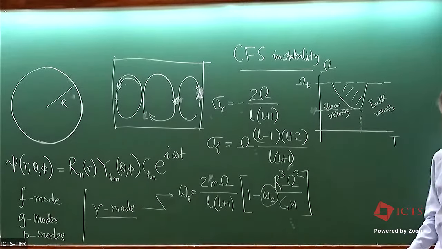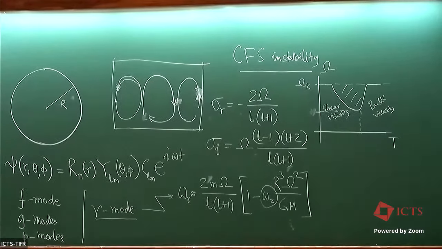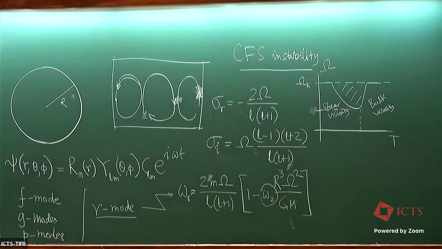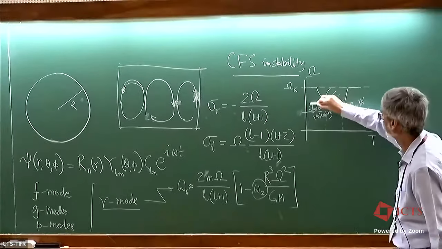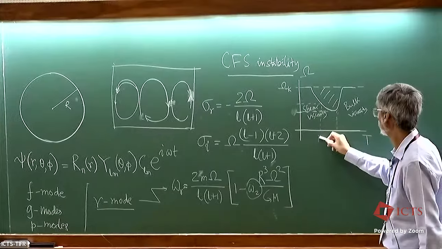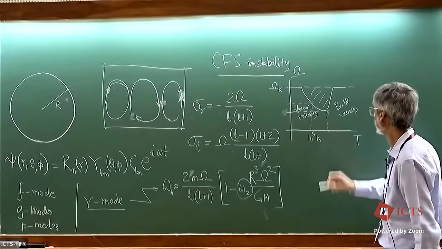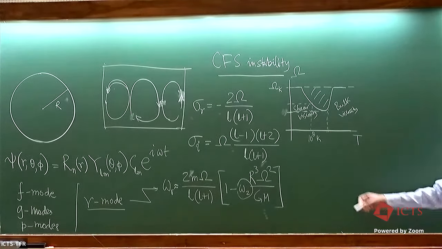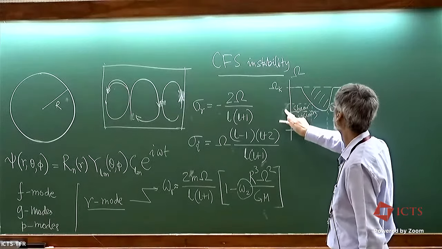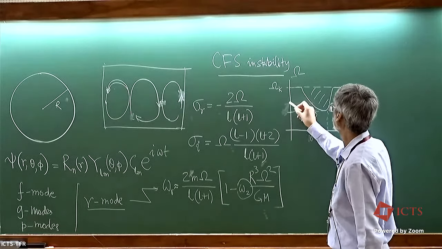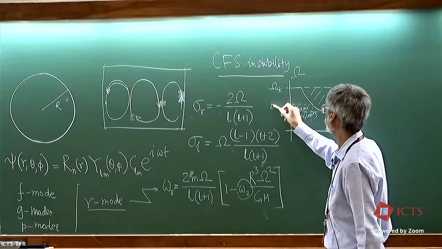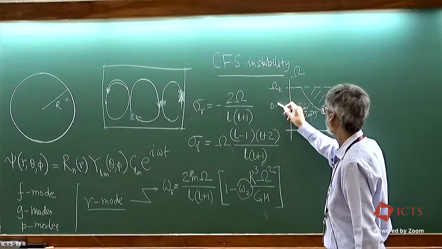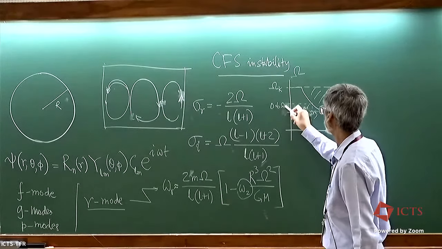A typical neutron star, as we have said, will have an interior temperature of 10 to the power 8 Kelvin or so, so that will be somewhere there. And this omega is of the order of 0.5 or 0.6 omega_K, let's say.